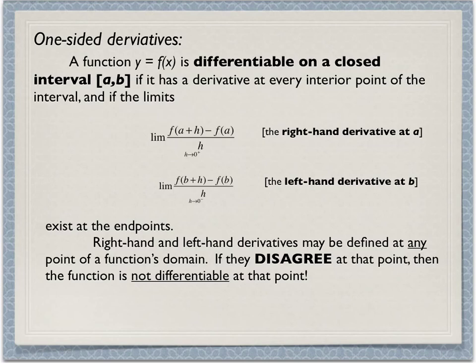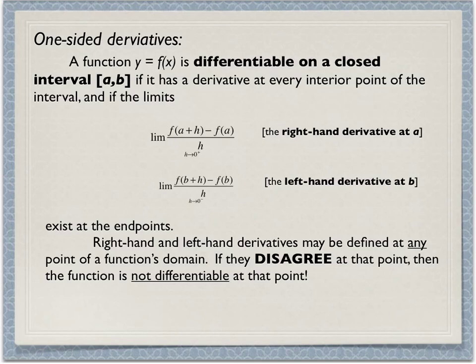Again, if those things exist, they might exist at endpoints, or they might exist actually in the interior part of the function. So notice that this is kind of an important paragraph down here. Right-hand and left-hand derivatives may be defined at any point of a function's domain. So it could be an endpoint, could be an interior point, whatever. But if they disagree at that point, then the function is not differentiable.